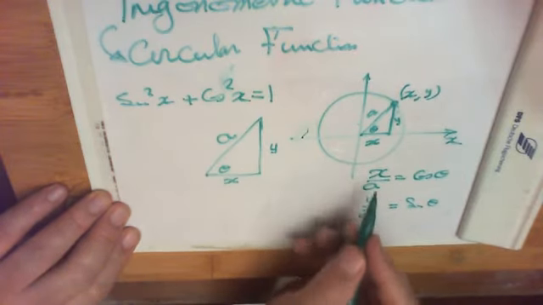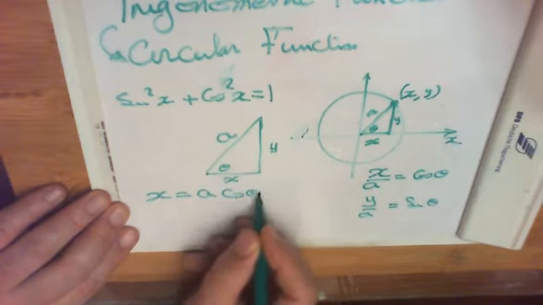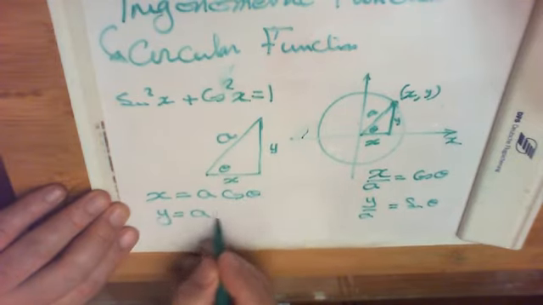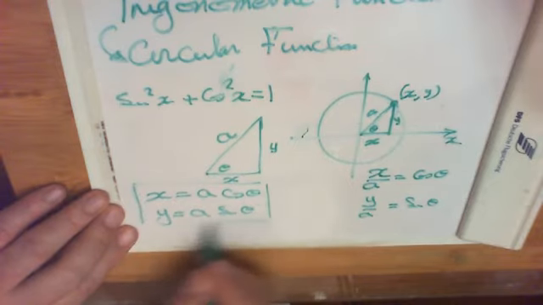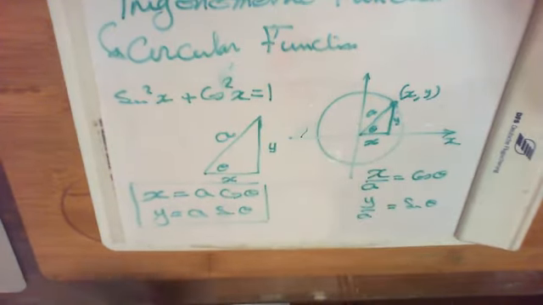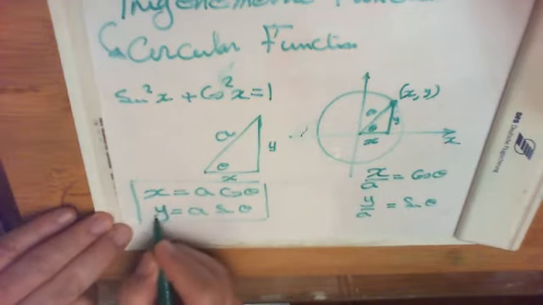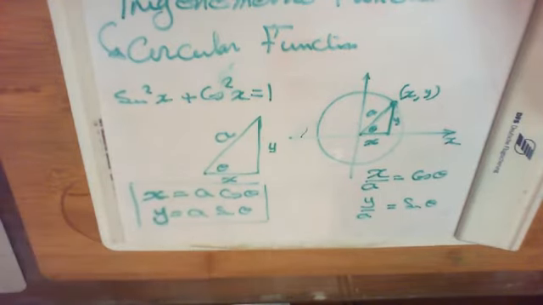From which x equals a cos theta and y equals a sin theta. So x and y are the coordinates of any point on the circle.